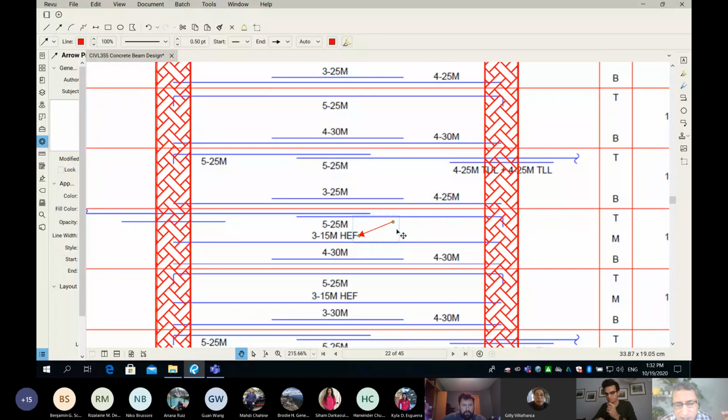So please don't scratch your head asking what HEF is. Simply go to the notes page, and it will tell you HEF is horizontal each face. Can you guess what those are?